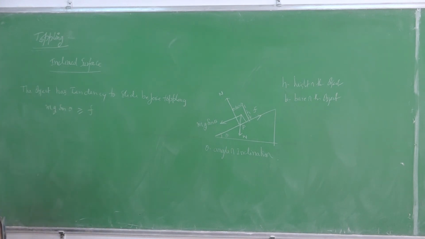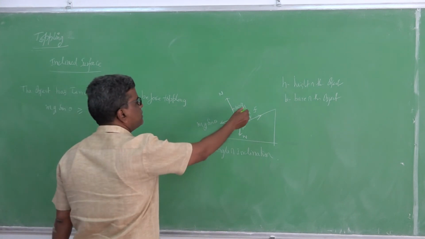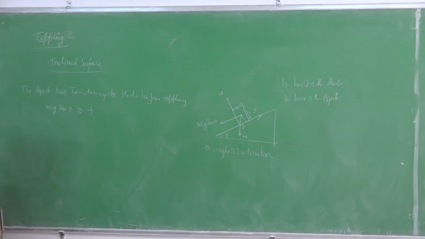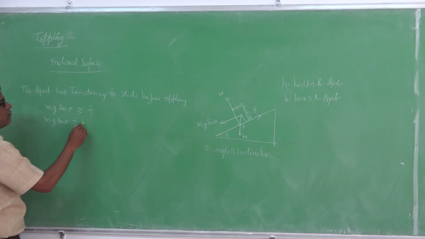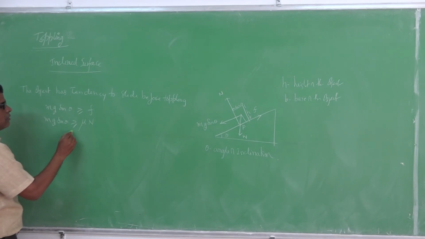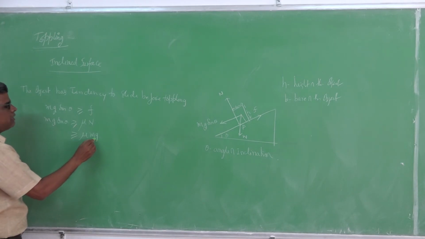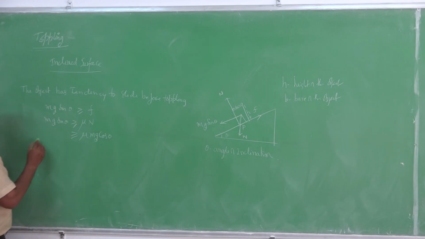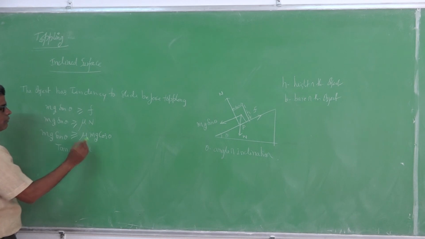If this condition is satisfied, then the object slides. So mg sin theta should be greater than or equal to the frictional force, mu N. In the case of an inclined plane, N is mg cos theta. The mg gets cancelled, and you get tan theta should be greater than or equal to mu.